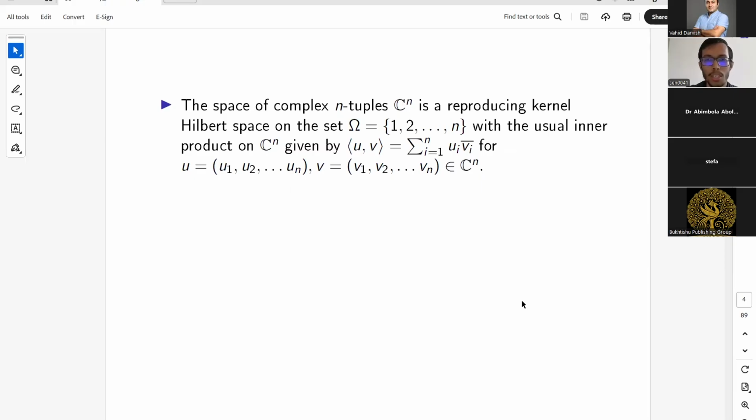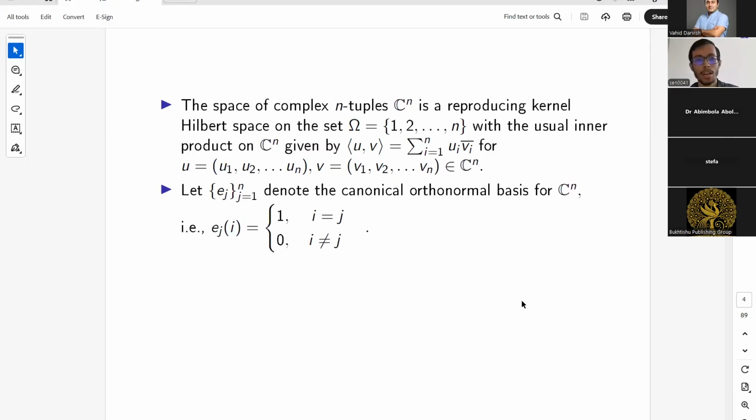Now I will give two examples of reproducing kernel Hilbert spaces. The first example is C^n, the space of all complex n-tuples, which is a reproducing kernel Hilbert space on the set omega, where omega is the collection of natural numbers from 1 to n, with the usual inner product on C^n defined by the inner product of u and v equal to the summation over i from 1 to n of u_i times v_i bar, for u = (u1, u2, ..., un) and v = (v1, v2, ..., vn). Let e_j denote the canonical orthonormal basis for C^n, that is, e_j(i) = 1 if i = j and 0 if i is not equal to j.